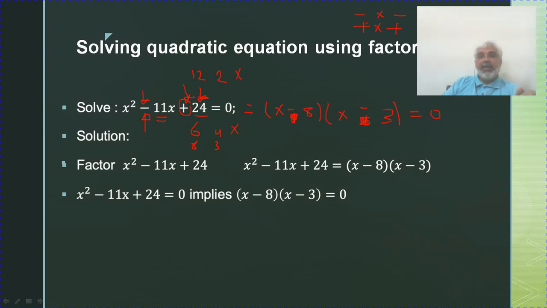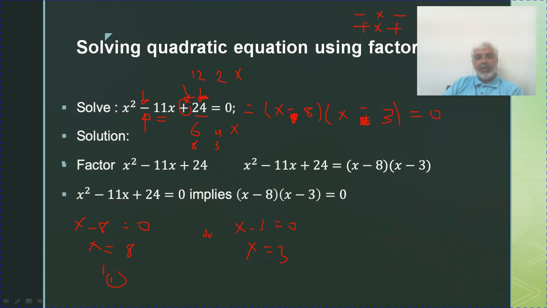So again, this expression equals x minus 8 times x minus 3, equals 0. So either the first one equals 0 or the second one equals 0. Either x minus 8 equals 0, so x equals 8, and this is the first solution, or x minus 3 equals 0, so x equals 3.